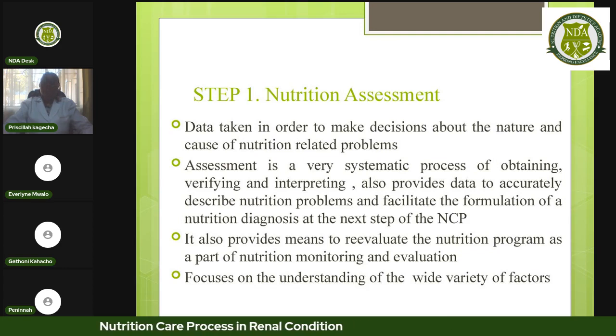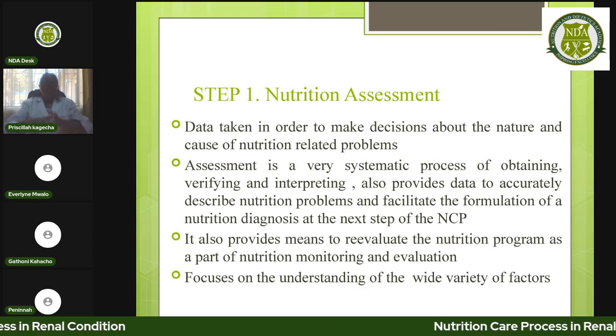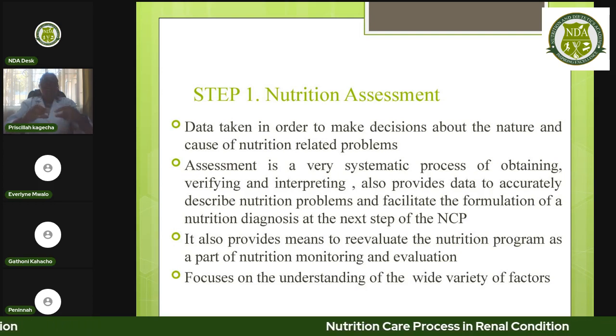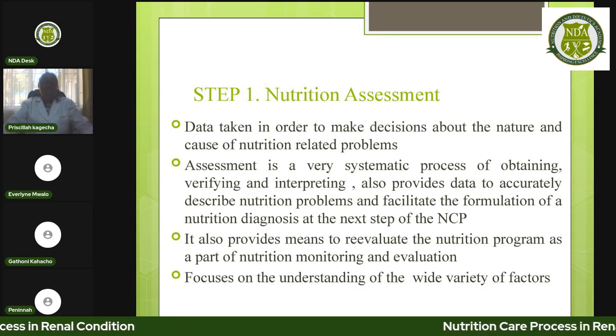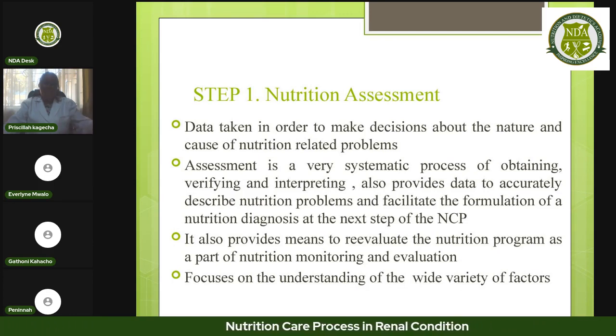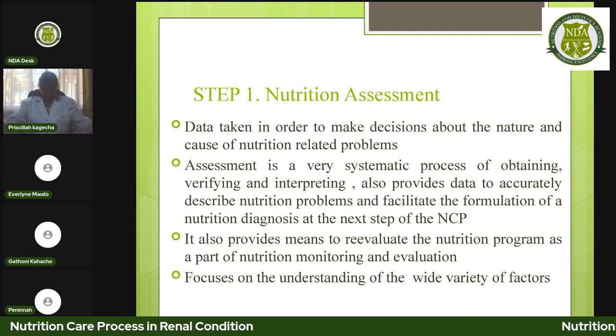And it is also very, very important for us as nutritionists to know the values that are within the reference ranges. Take, for example, when you're looking at potassium levels, you need to know the levels that are within the range.